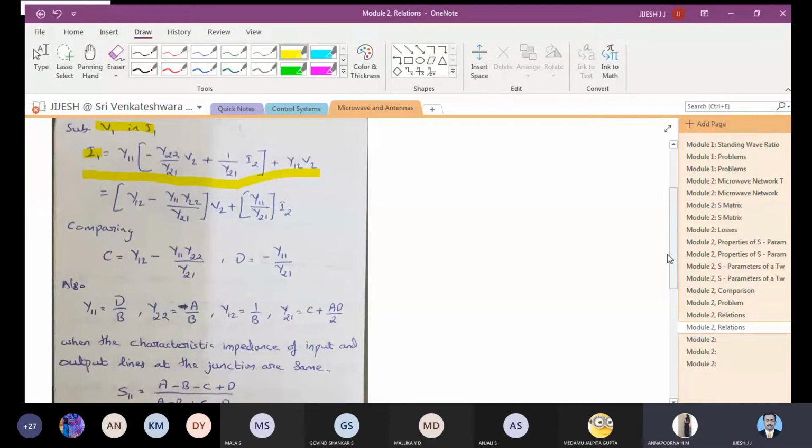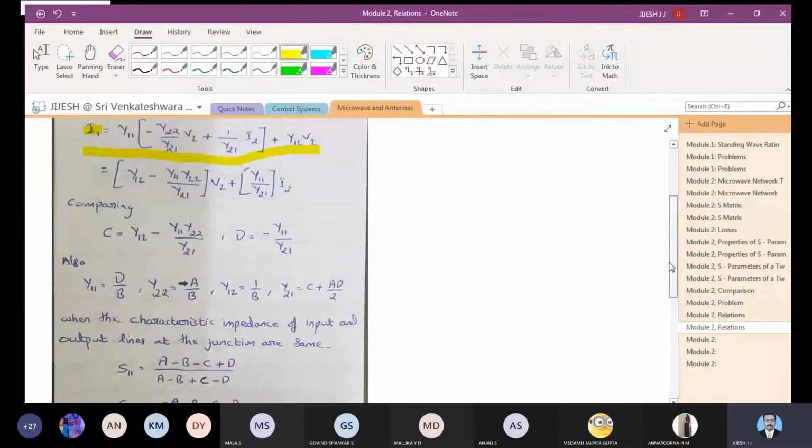Okay. So these are some of the relations you're going to get with respect to Y parameters and Z parameters when you compare with the ABCD parameters. Similarly, we can write the S parameters in terms of ABCD parameters.